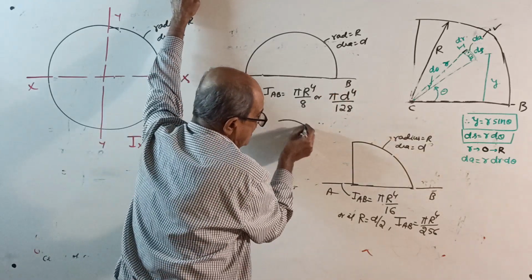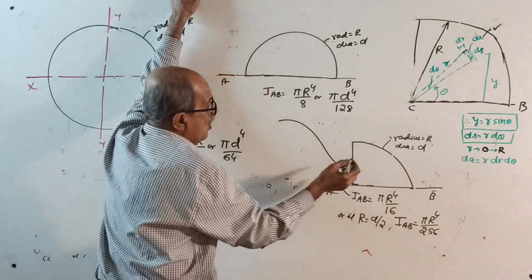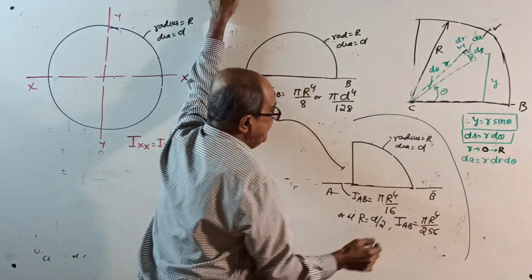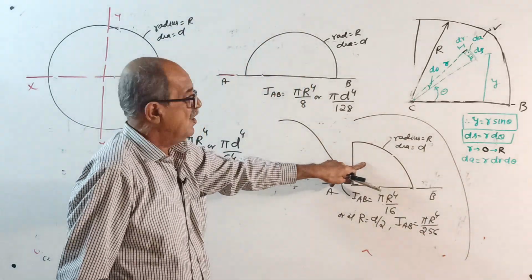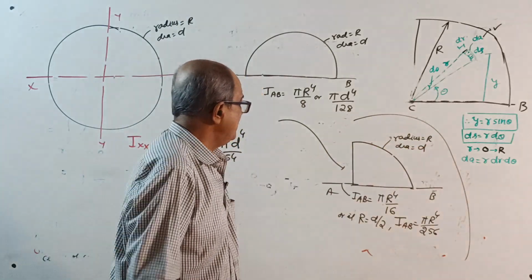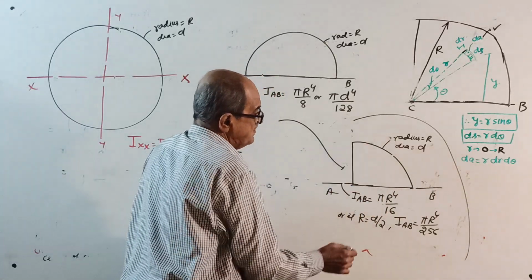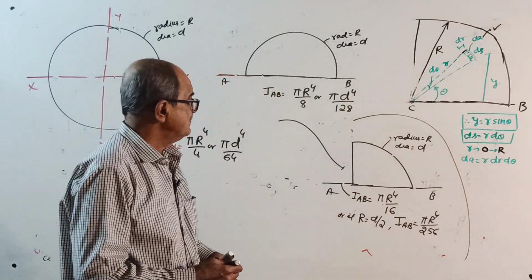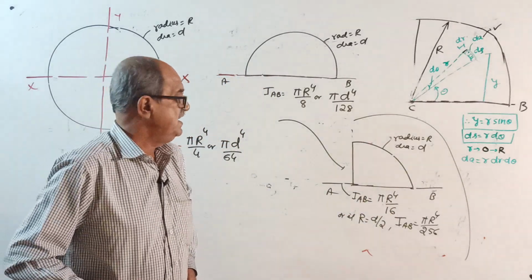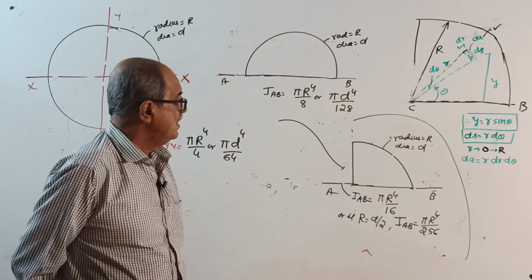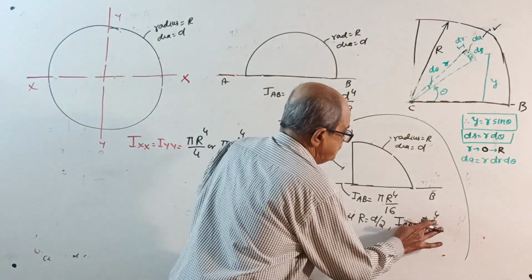And lastly, if it is a quadrant of a circle of radius r and diameter d, then I about this AB and also I about this axis is in terms of radius pi r power 4 by 16, or in terms of diameter pi d power 4 by 256.